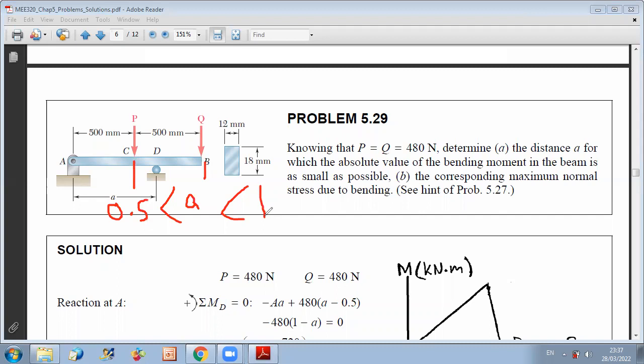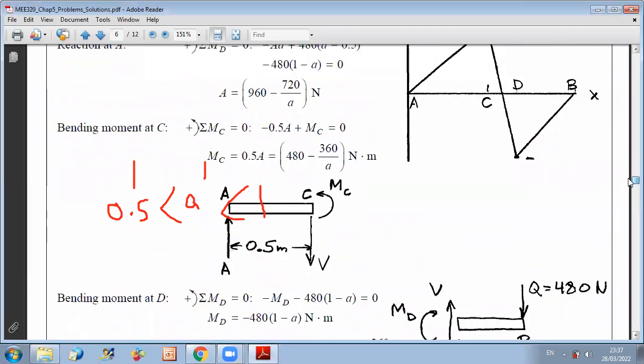So if you take the extreme of A, if you take A very close to 0.5, you will have the bending moment at point D, because until now we have calculated M at C. We can see from the expression of M at C that increasing A is in our favor.